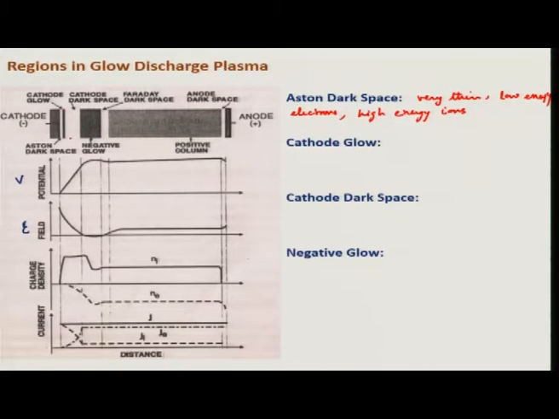So just before they impact the cathode, their energy is highest, okay. So high energy ions are found in this region, okay. Then we see a very thin region of glow, which is called cathode glow, okay.